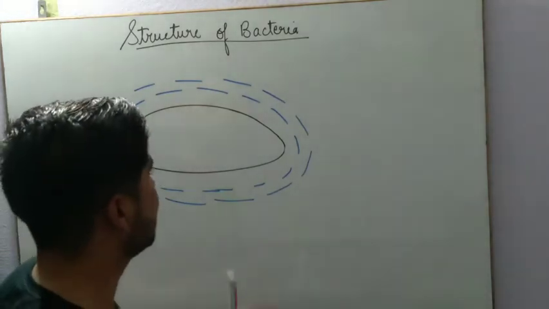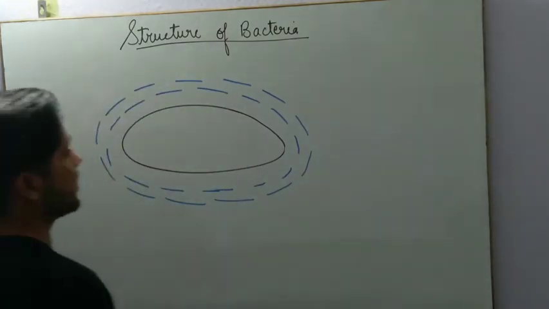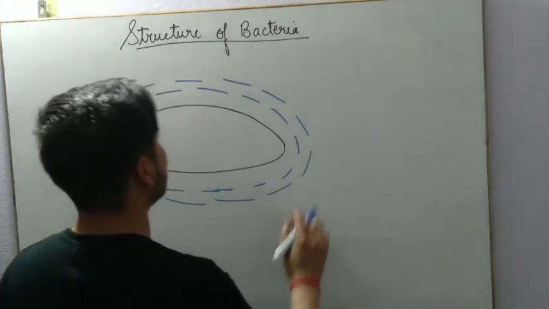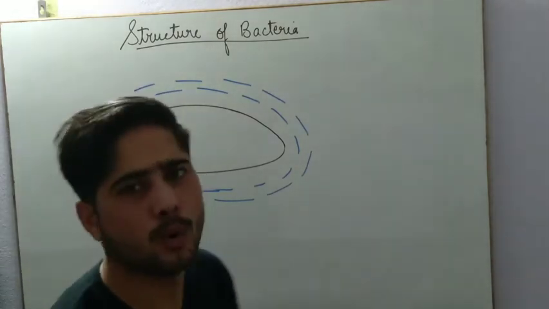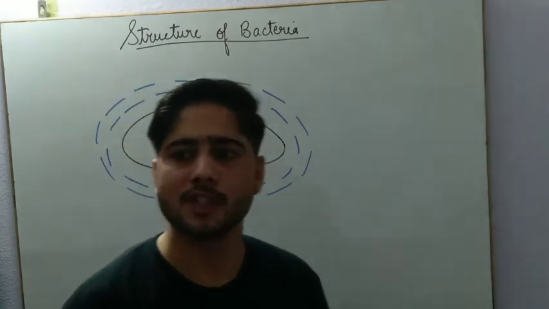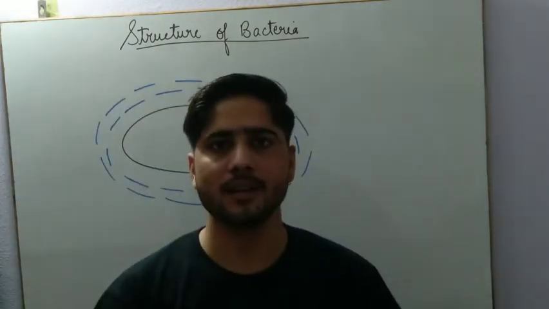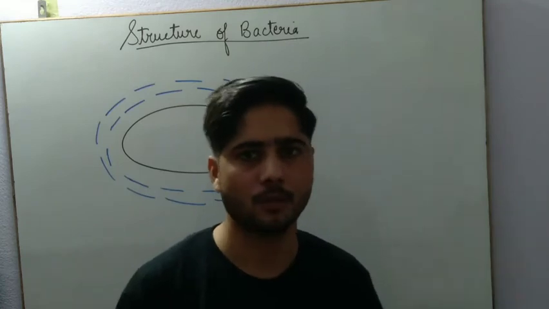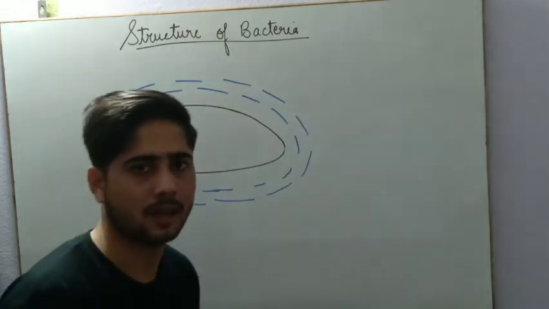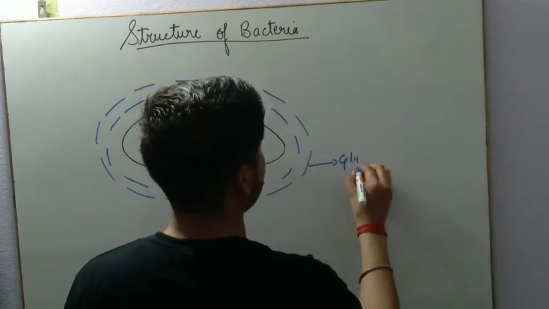So friends, how is it made? We will discuss it. These structures are called the backbone of sugar, also called glycans.